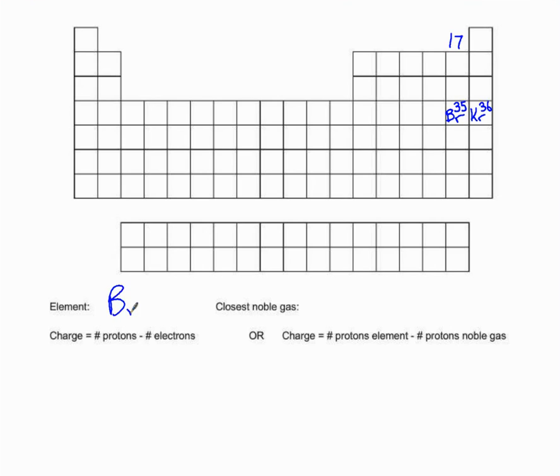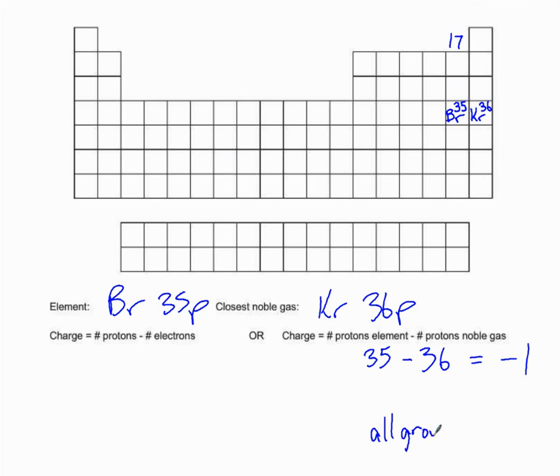So our element is bromine with 35. Closest noble gas is krypton with 36. So looking at the proton method, we have 35 minus 36, and that tells us -1. All group 17 ions will have a -1 charge.